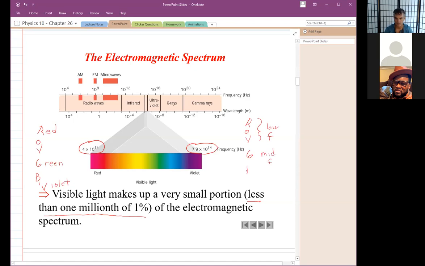And then blue, indigo, and violet are all considered sort of high frequencies. Again, this will become important later. But I just wanted to emphasize that when we talk about the electromagnetic spectrum, it's all the forms of light that exist. Lowest energy, lowest frequencies are microwaves and radio waves. Highest energy, highest frequencies are X-rays and gamma rays.